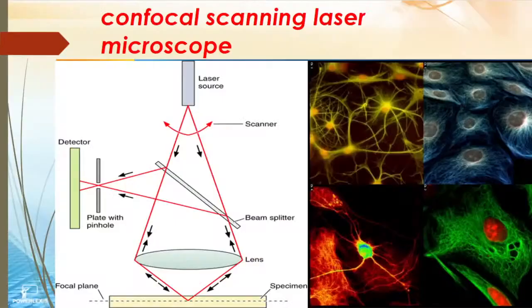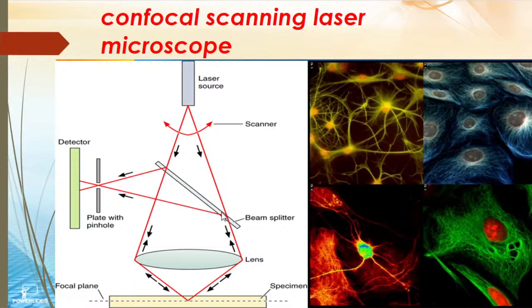Look, this confocal microscope is named scanning and uses laser rays. The laser source is like a special laser gun that provides laser rays directed into the object. But when the laser rays come back, they are caught by the beam splitter.